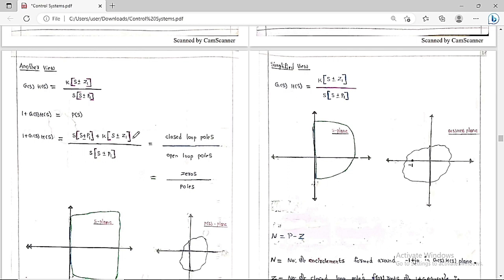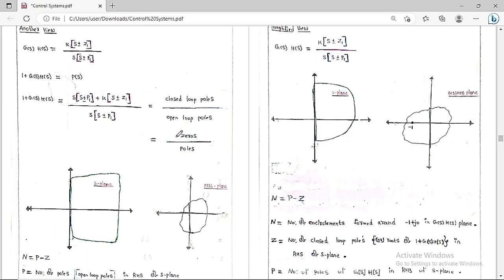So this is basically P of S. This is the numerator and this is the denominator. The numerator roots are called zeros and the denominator roots are called poles. Now, this is basically a characteristic equation, so therefore these roots are called closed loop poles, and these are the open loop poles. So you can write in this form.